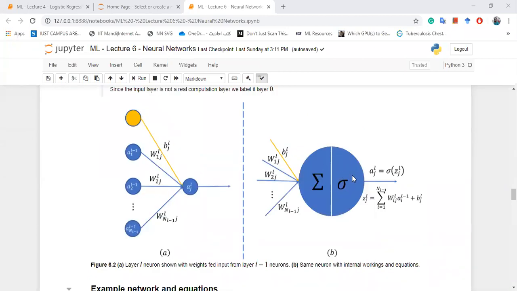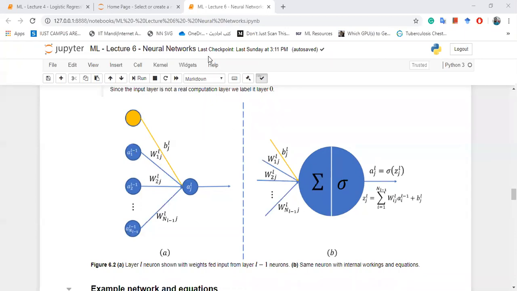Each neuron can be split into 2 subparts. One is the aggregation part, which takes each of the inputs. So this neuron here takes input from the previous neurons: input number 1, input number 2, input number 3, so on and so forth. What this aggregation unit does is it takes the weighted sum.